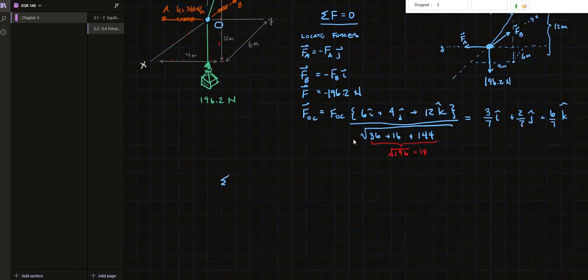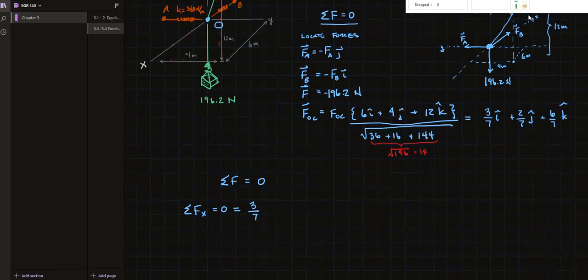So when we sum all these forces, we need to end up with 0. This means if we sum our x components, we equal 0. So that's going to give us 3/7.